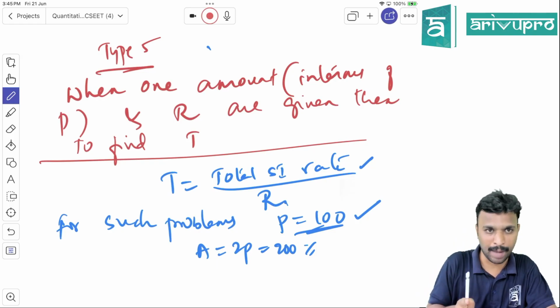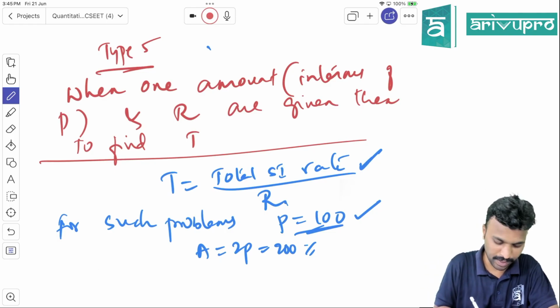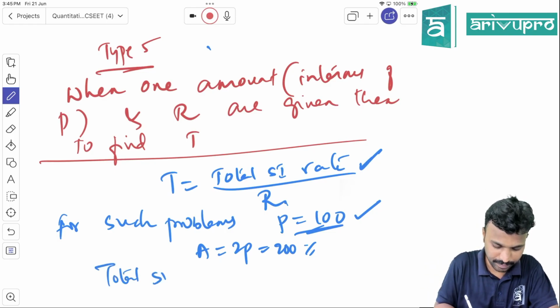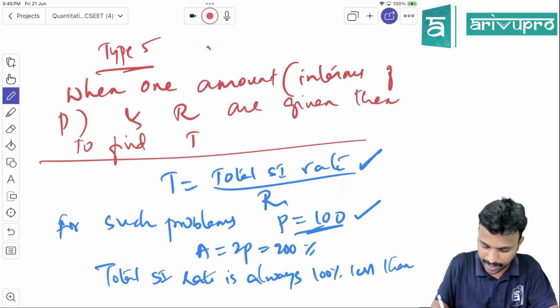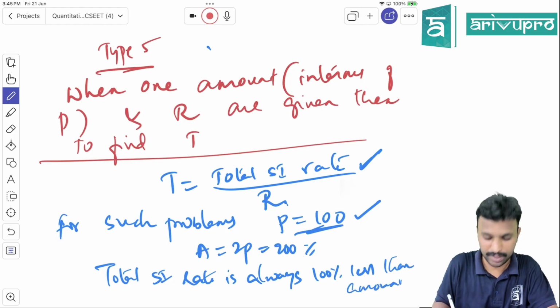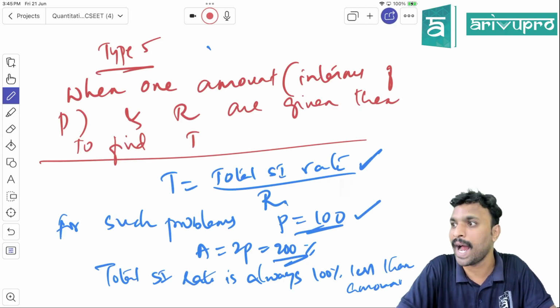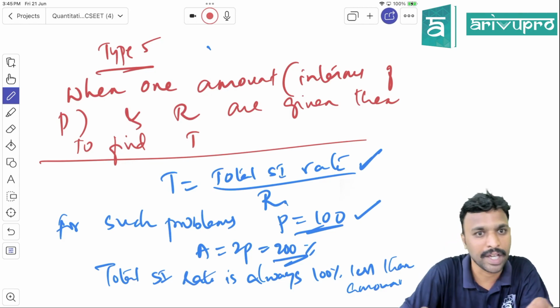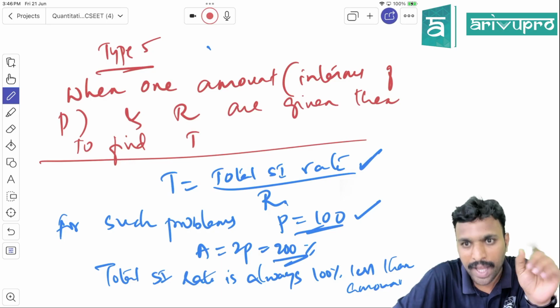You will be given the amount, but what you need in the numerator is total SI. Always remember, total SI rate is always 100% less than the amount. Now look, the amount is 200%, if it doubles, 200%. Now total SI is 100%. That means 200 minus 100 only you have to do. If the amount is 300, you have to do minus 100.